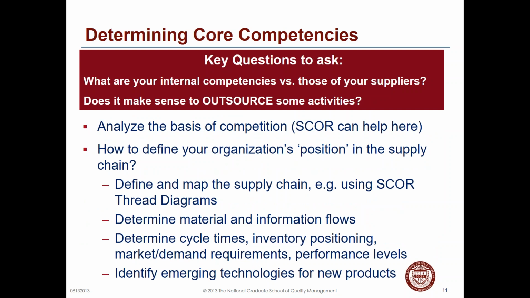And this is where your thread diagrams and your geographic maps will help, right? You'll review your material and your information flows. You'll understand your cycle times. You'll look at those production lead times, your performance levels, your capacity levels, your market demands, and then any emerging technologies that are in there, right? And then that helps you to start performing that make or buy analysis, right?